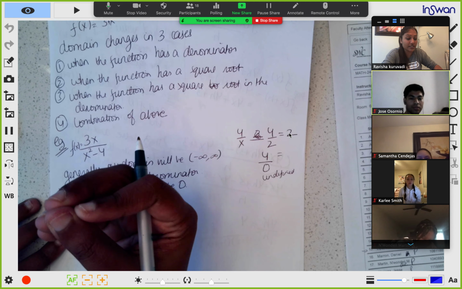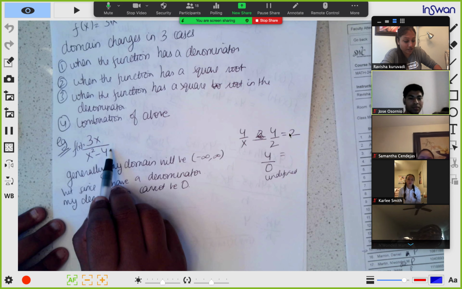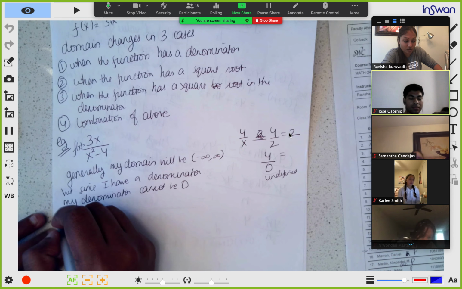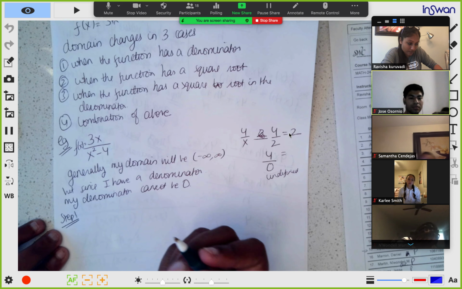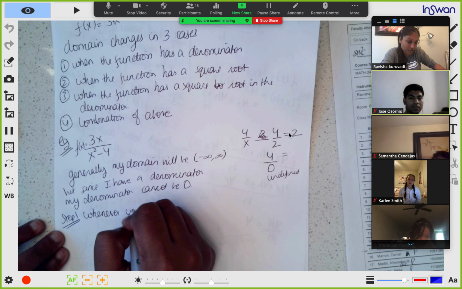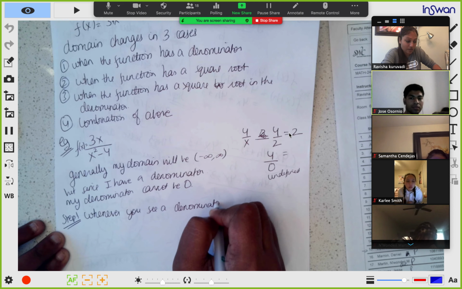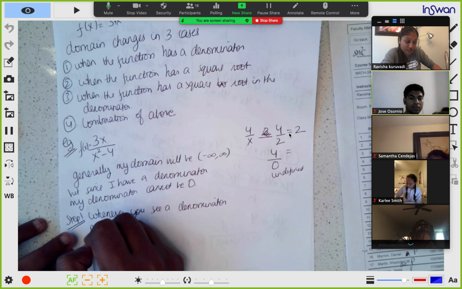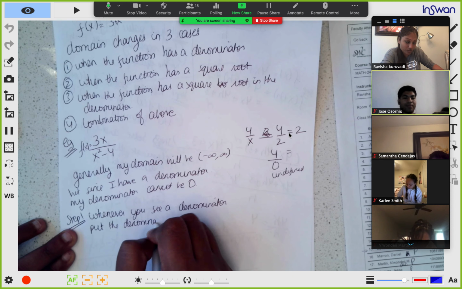Whenever you see a denominator, step 1: put the denominator, just the denominator, equal to 0.